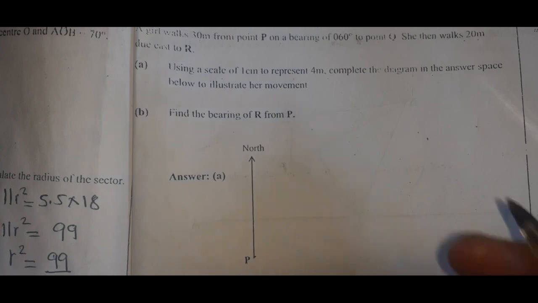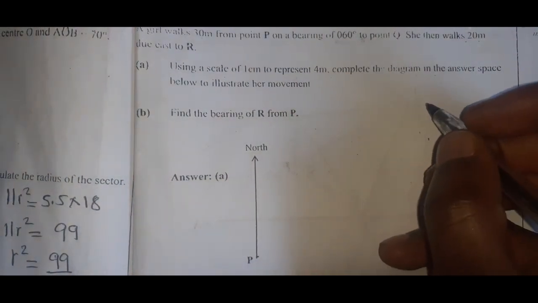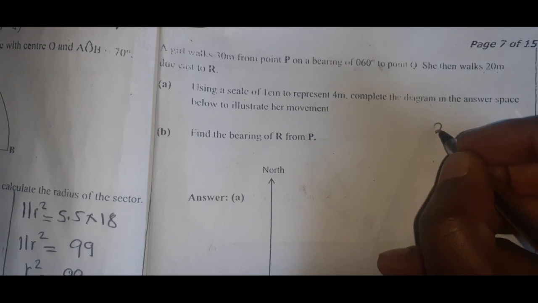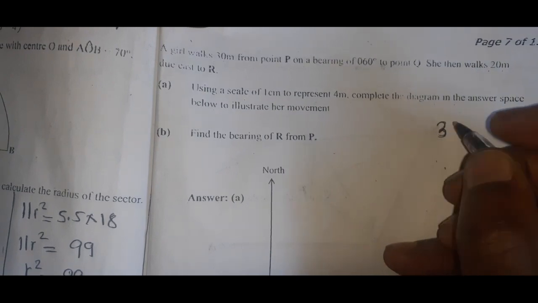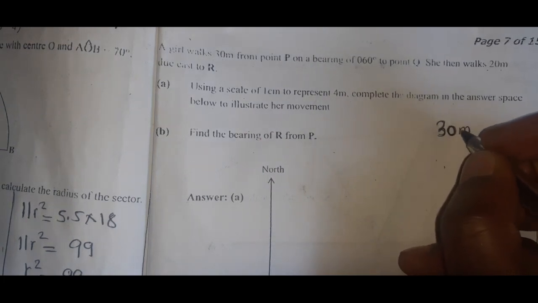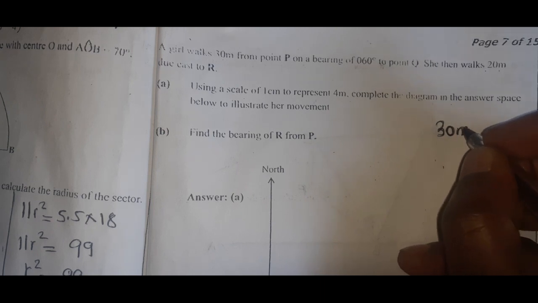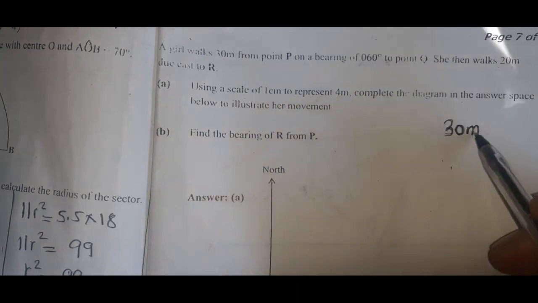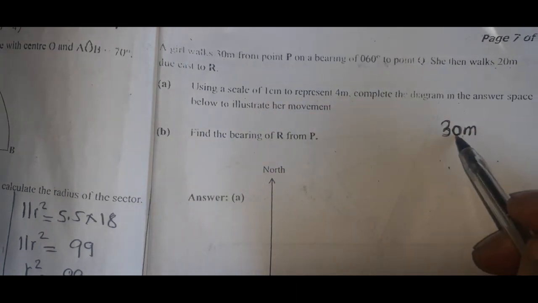So meaning, the first thing that we are supposed to do is, we have a scale here. We've been told the first movement, she walked for 30 meters. Now we are told that 1 centimeter represents what? 4 meters.